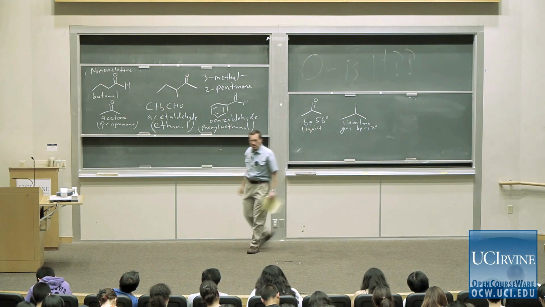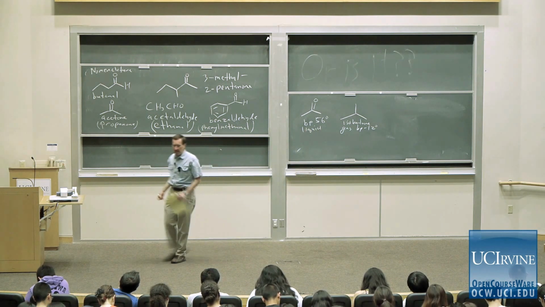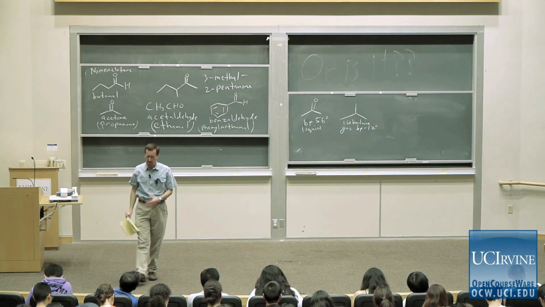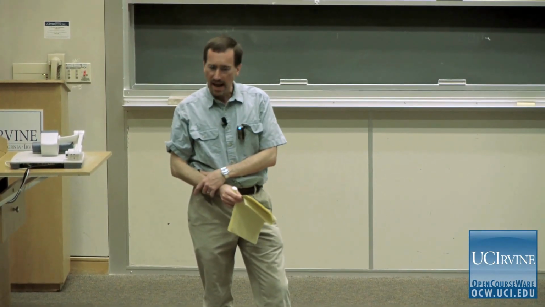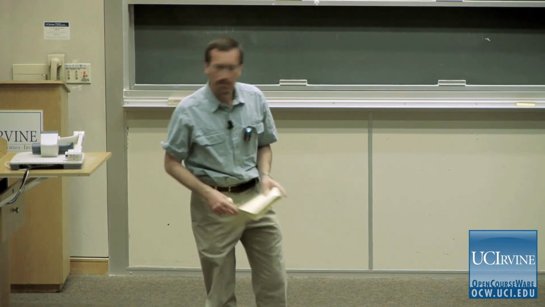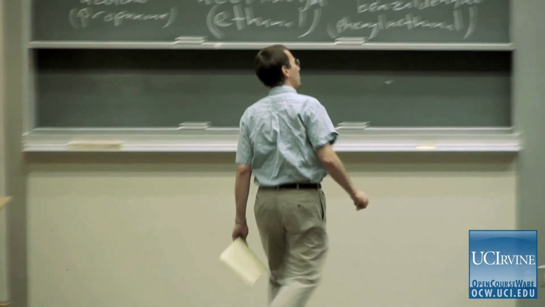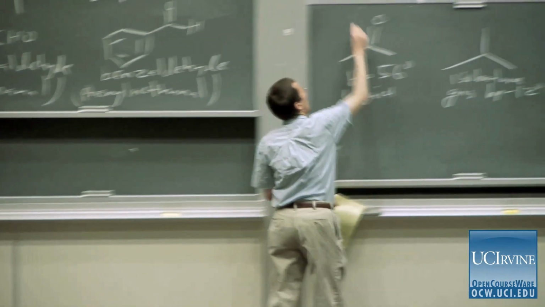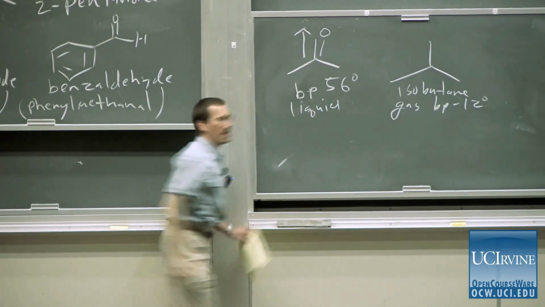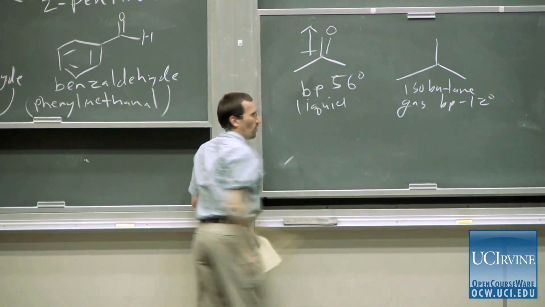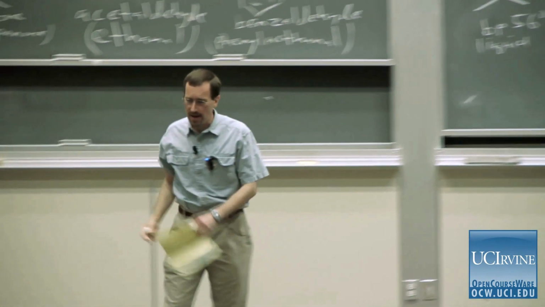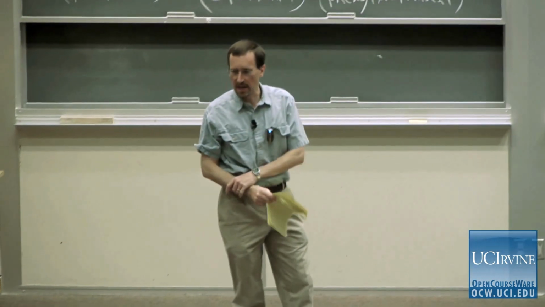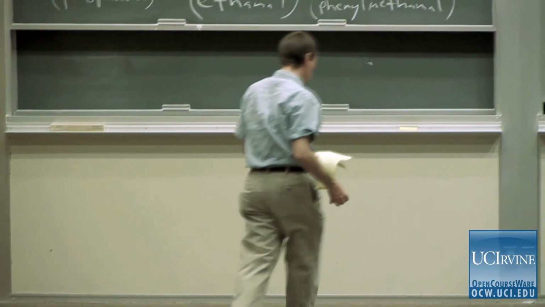So isobutane, of course, can only have van der Waals interactions among the molecules. It's a nonpolar molecule. Acetone can participate in dipole-dipole interactions. It's got a great molecular dipole to it. It's miscible with water. It even dissolves some inorganic compounds; sodium iodide dissolves very well in acetone.